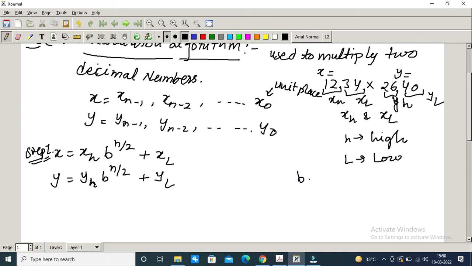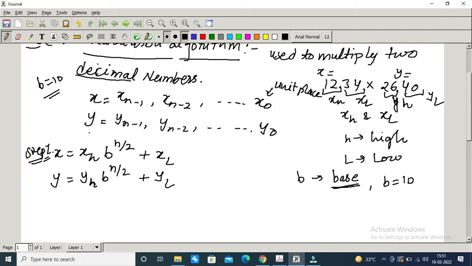B is the base, which is the total number of unique digits present in a particular number system. We are using decimal numbers, so for decimal we have 10 unique digits. So the base will be 10, and the value of B will be 10.